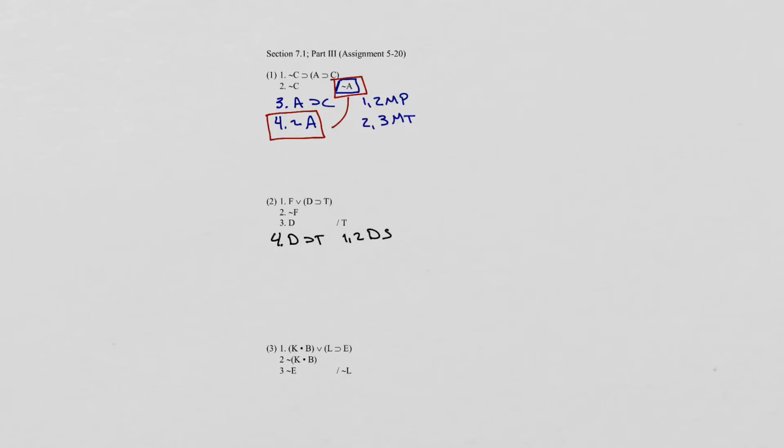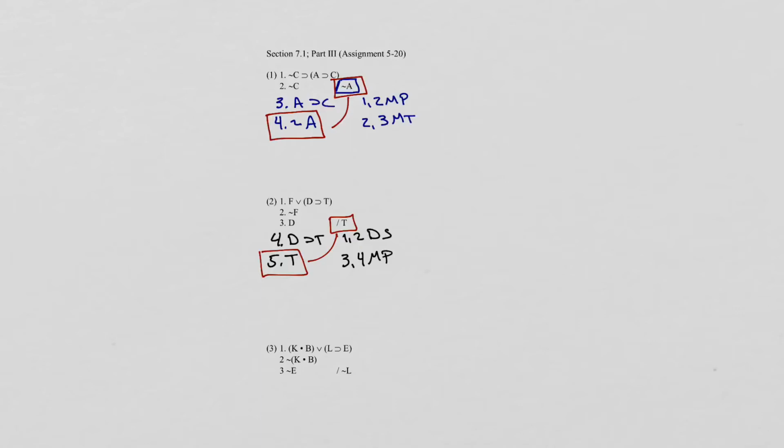So now we have if D then T. So let's pull together line 3 and 4, and then we'll get T using modus ponens. Okay? So remember, whenever you get the antecedent of a conditional statement, then you get to pull down the consequent. And again, we know we are done because they link up. We are done.